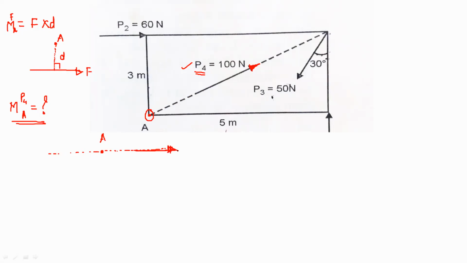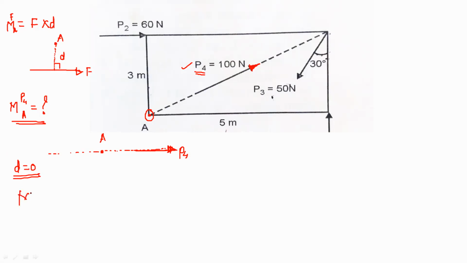This force P4 is exactly passing through the point A, so there is no perpendicular distance. To have the moment, we must have the perpendicular distance with respect to the given point. So for P4, the distance D is 0. Force is not 0, there is some force of 100 Newton, but D is 0.